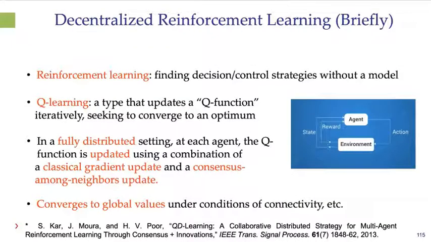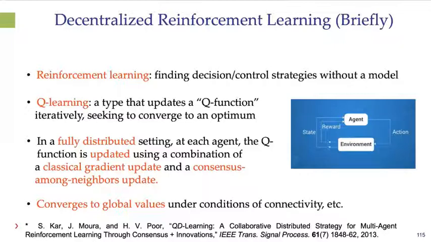I want to talk about one other topic in this area, and then I'm going to wrap up the tutorial. First of all, this has to do with a different learning problem, which is reinforcement learning. Now, reinforcement learning is not really a problem of minimizing a function through learning. It's really a problem of finding decision and control strategies without a model in Markov decision processes.